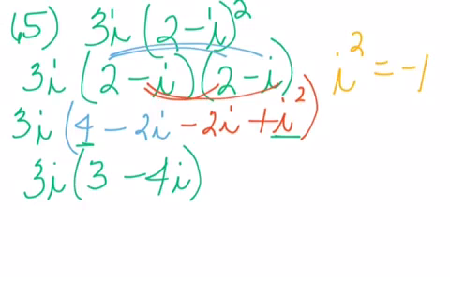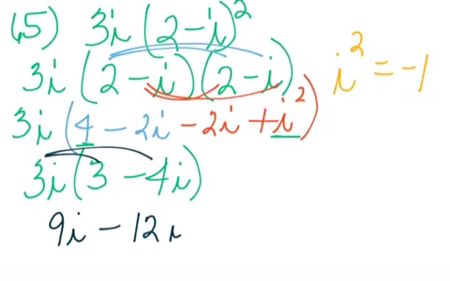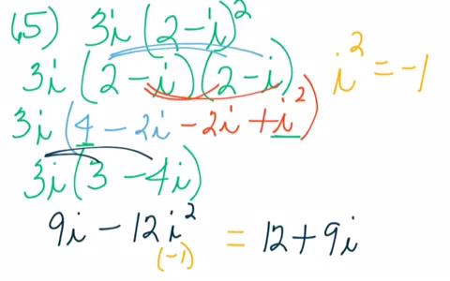Now we can distribute. 3I times 3 is 9I. 3I times negative 4I is negative 12I squared. But again, I squared is negative 1. So negative 12 times negative 1 is 12 plus 9I.